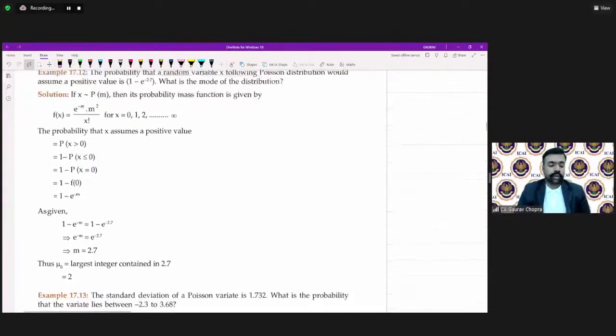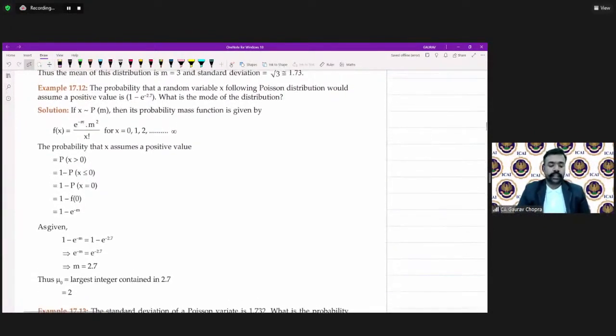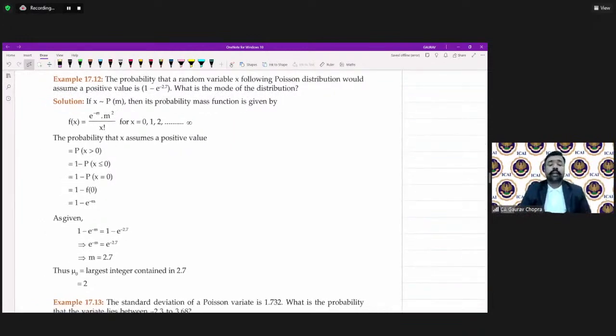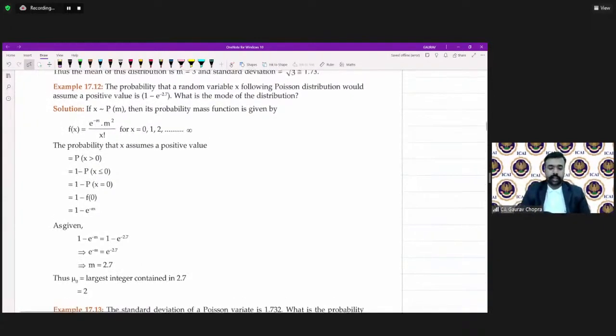Now, how to solve such kind of questions? Again, this is very easy. We just have to apply the formula. What is the formula? e to the power of minus m, m to the power of x upon factorial x. Now, what is x here, or what is the mean here?